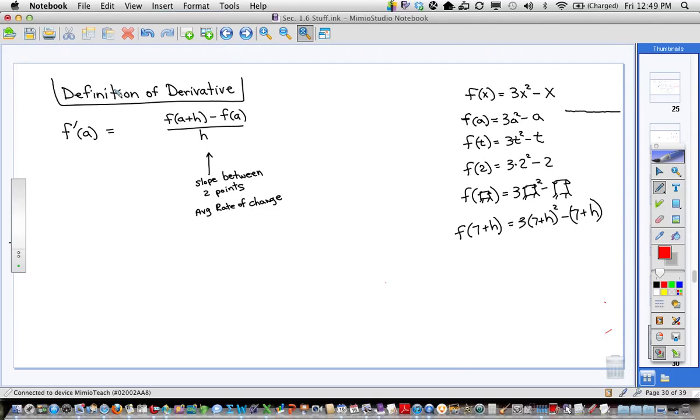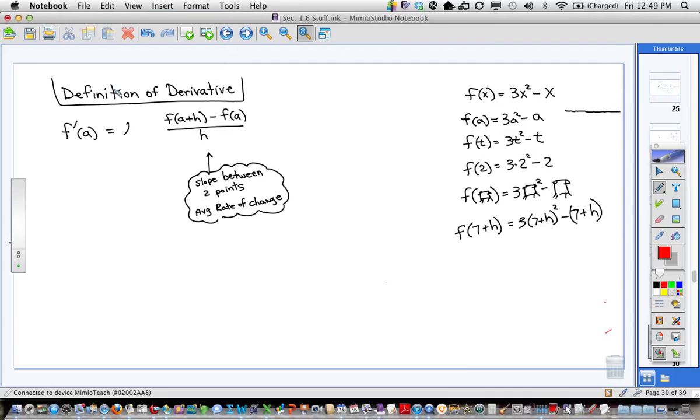That's just slope between 2 points, the point a and the point a plus h. It only becomes 1 point when what happens? When what happens to h? When h becomes 0. Here's the notation we use for that.